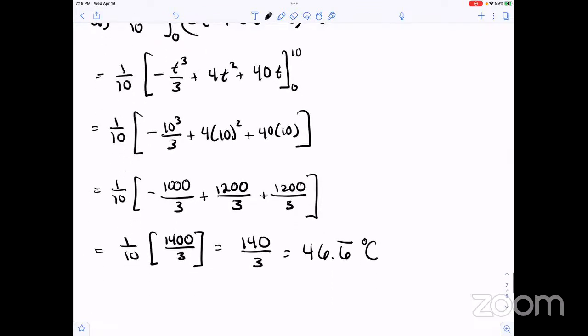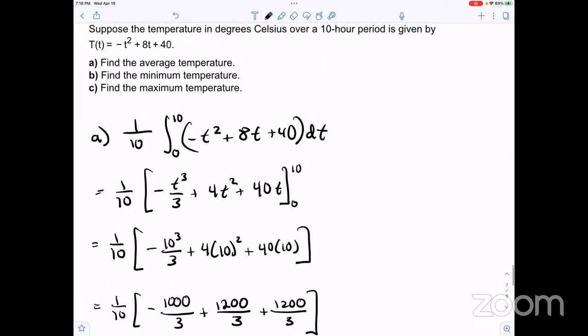Okay. So notice that we have an upside down parabola. So there's going to be a local max. So the min, we need to test the endpoints. Because it's an upside down parabola, when it's at time 0, we're at 40. At time 10, that's what, a minus 100.